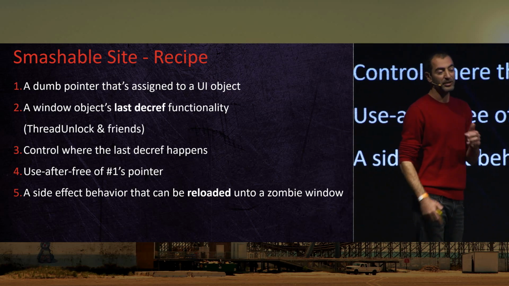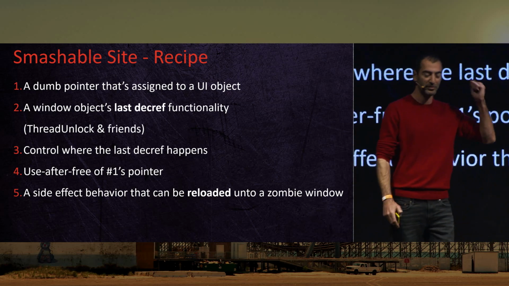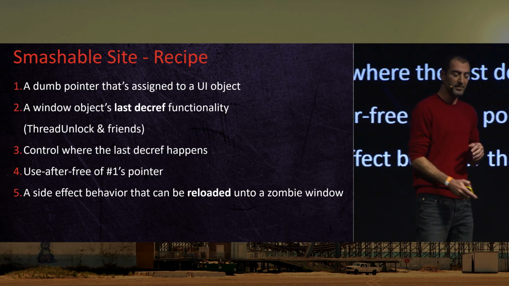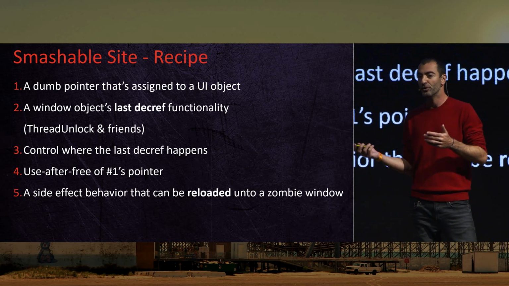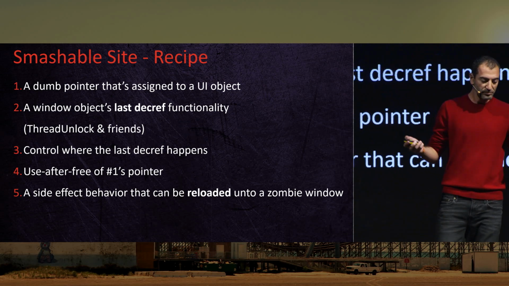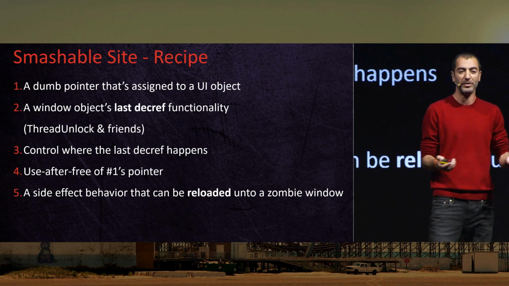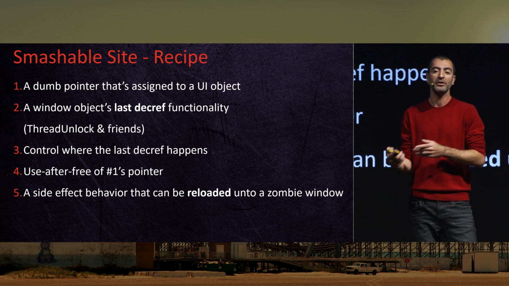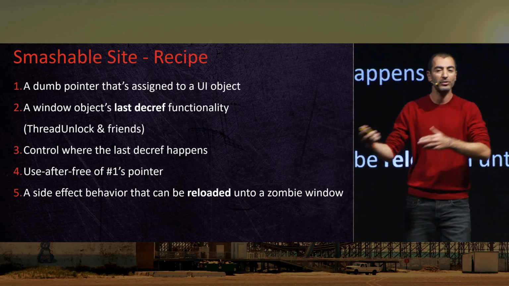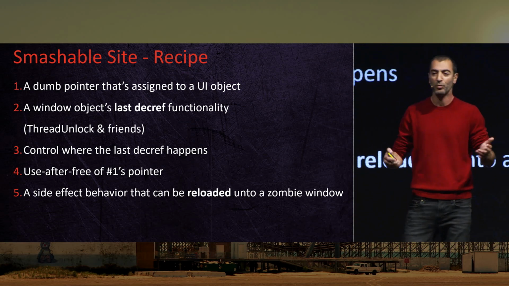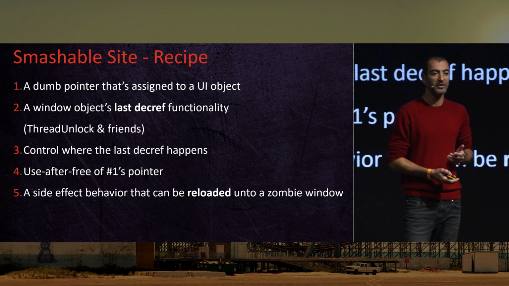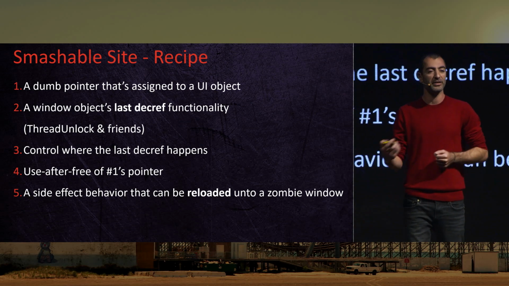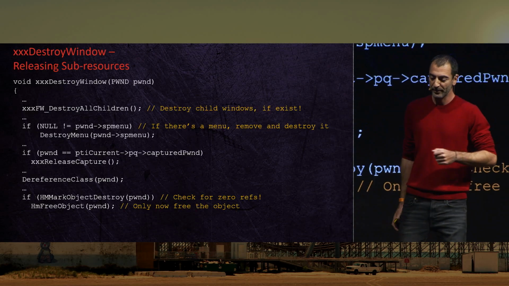So then we are going to have use after free of the first pointer. And now there is a situation here. If the first time we call DestroyWindow it kind of cleaned all of its members, how are we going to reconnect another window, for example, or another timer, or whatever UI objects out there to be part of it? Okay, so this is why things are getting more complicated.